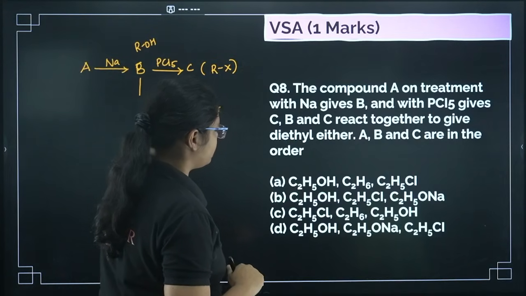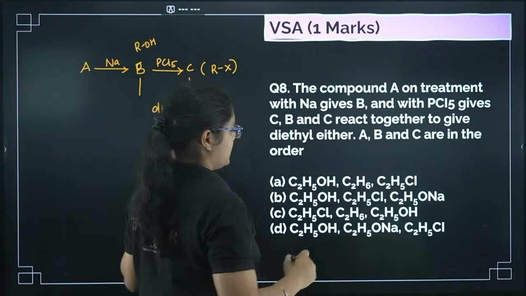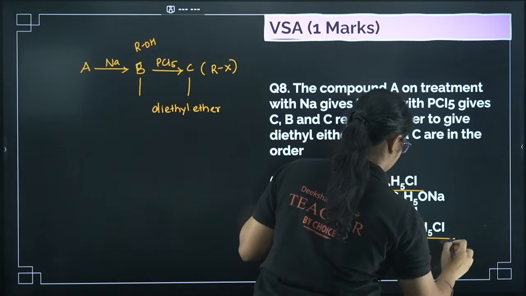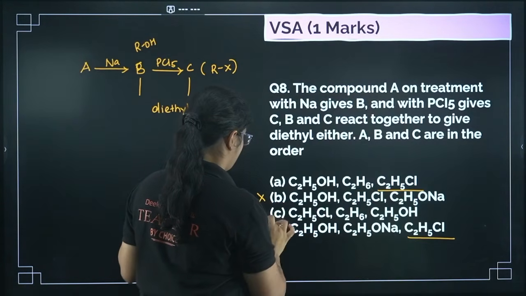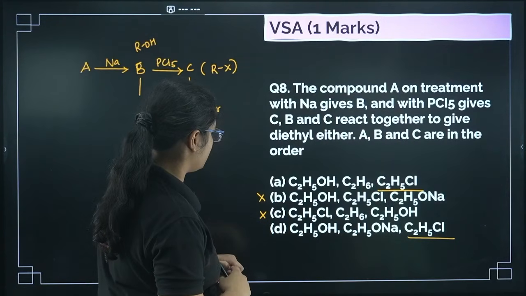Let us find out where we are matching this. The C is RX in two options, so I can eliminate the other two. And B is an ROH.